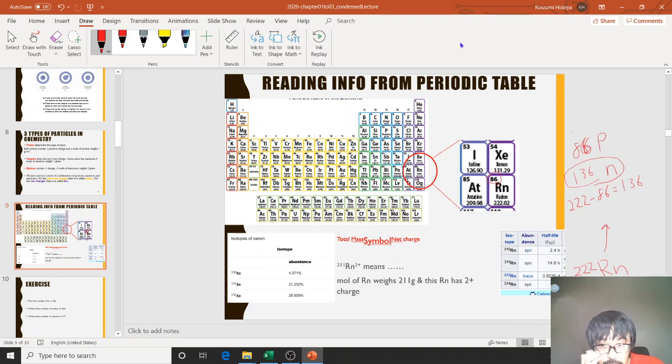I may be wrong with the calculations, so you should go check it out, but it's 136 neutrons.